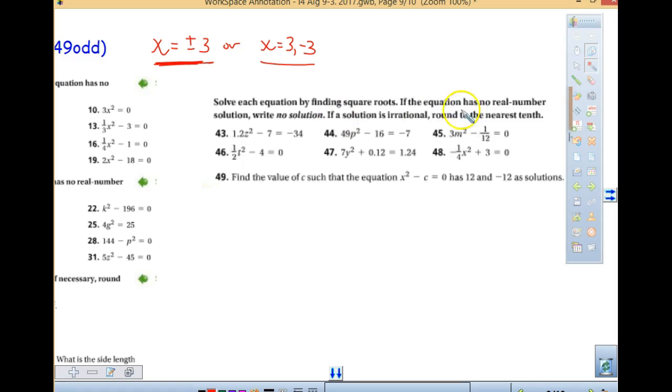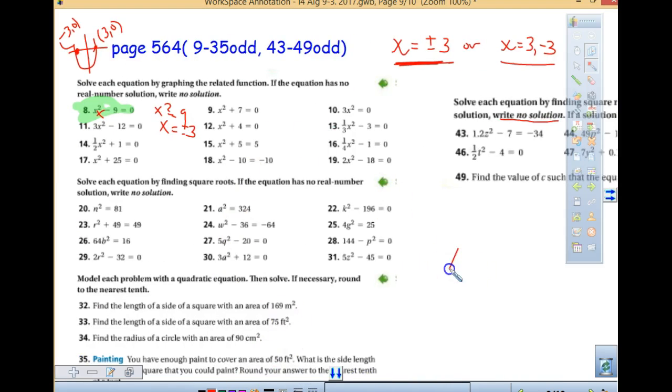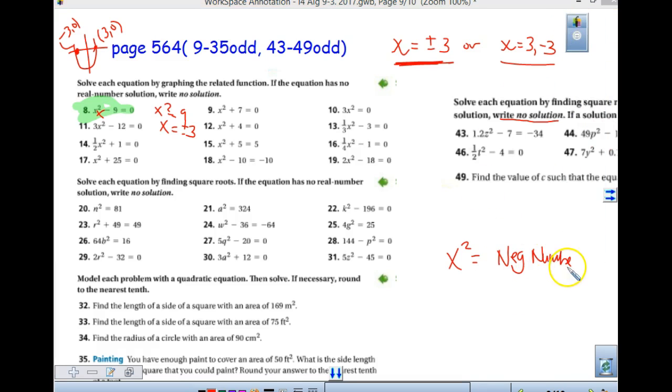There is a possibility, and what they're asking you to solve, it says if there is no real number solution, you're going to write no solution. When is the only time we have no solution? When x squared equals what? X squared equals a negative number, right? Anytime I have this, that is when I'm going to be looking at x equaling no solution.